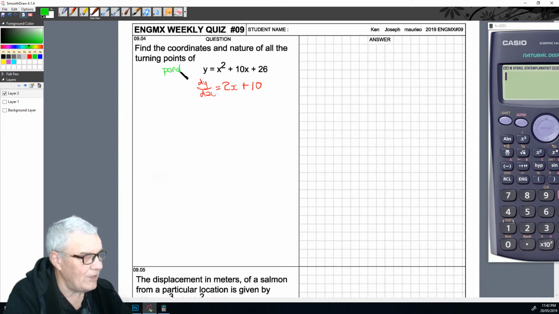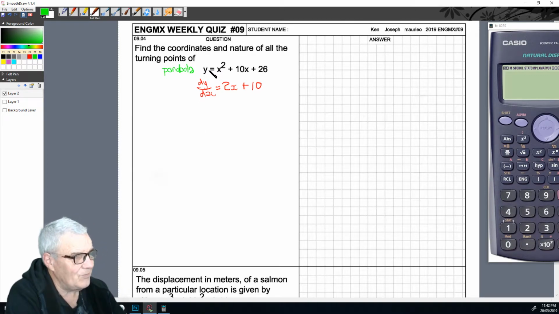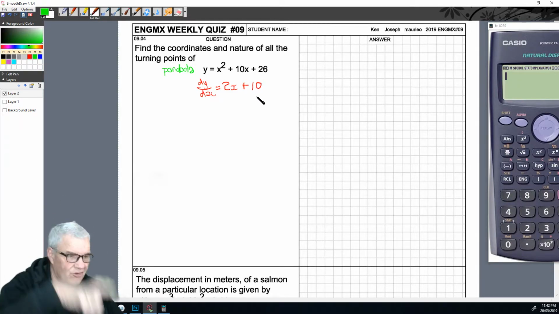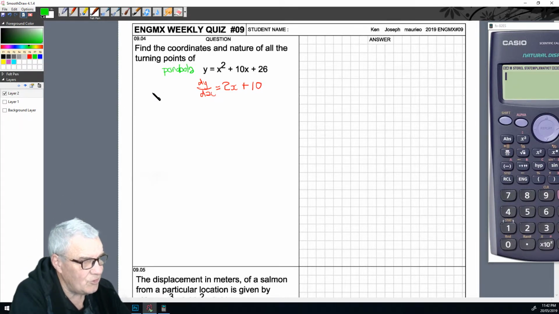I mean, we learnt that. We don't need to know that for this question, but it certainly helps. And that parabola there is positive x, so it's going to be that shape.